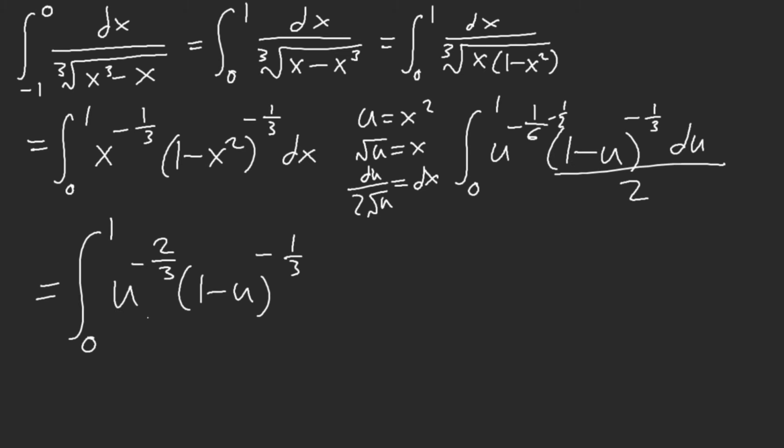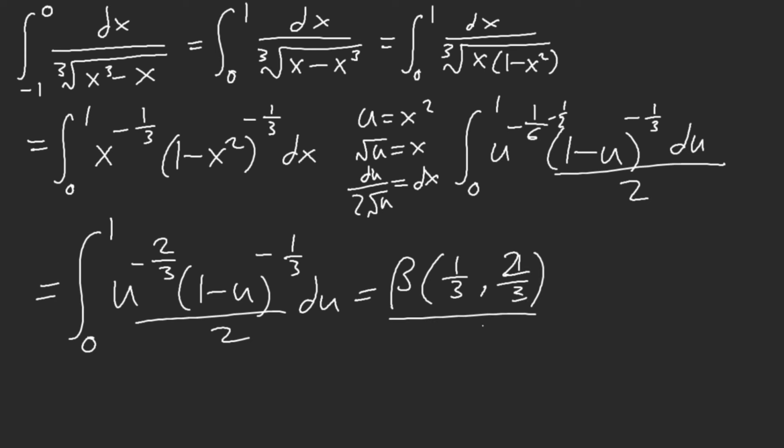So you should definitely have this. Now it's a lot cleaner, and we can go ahead and use beta function. This is now the beta of 1/3, 2/3, over 2. This is definitely 1 minus 1/3, so obviously we can use Euler's reflection.